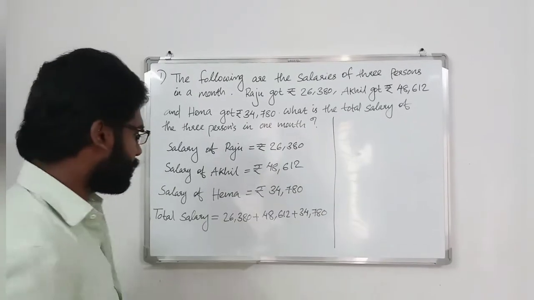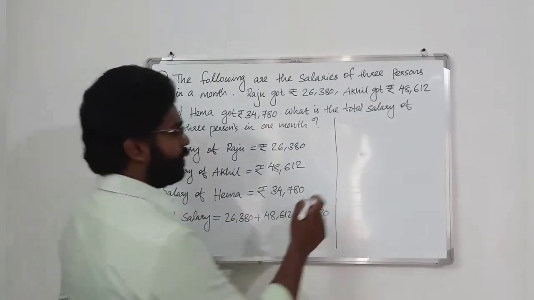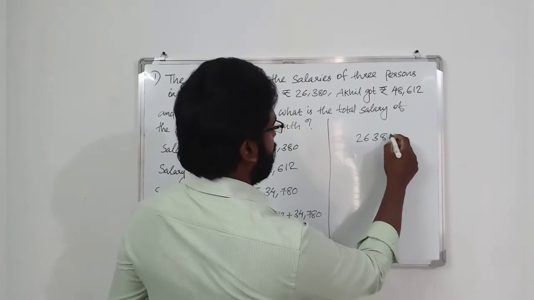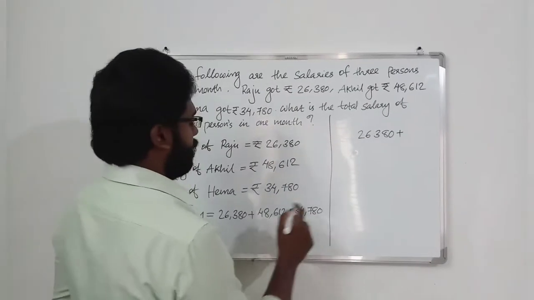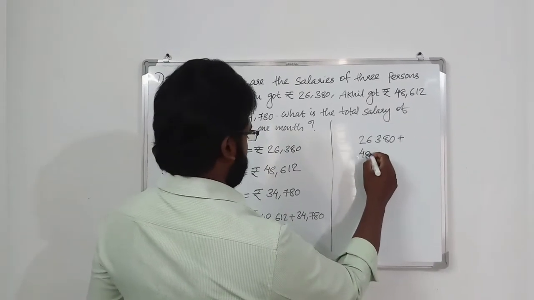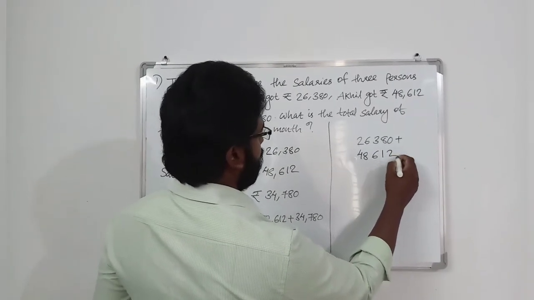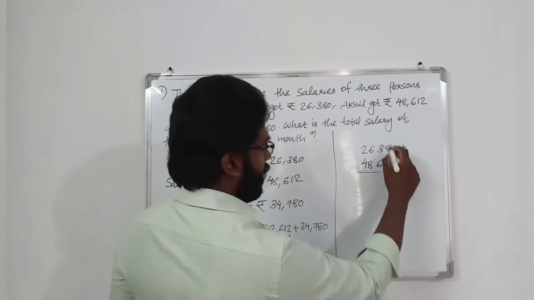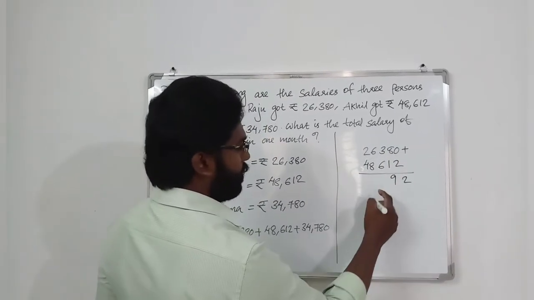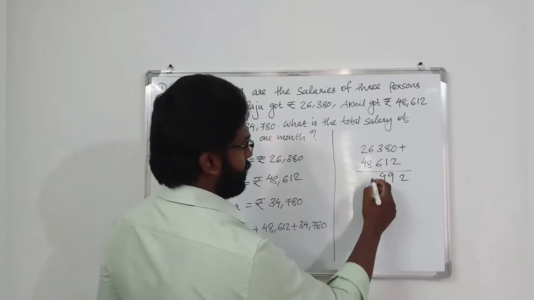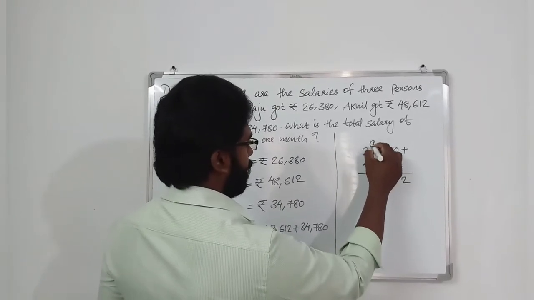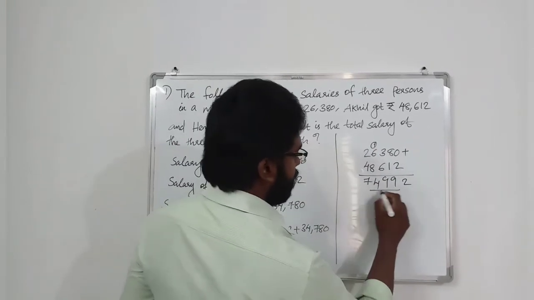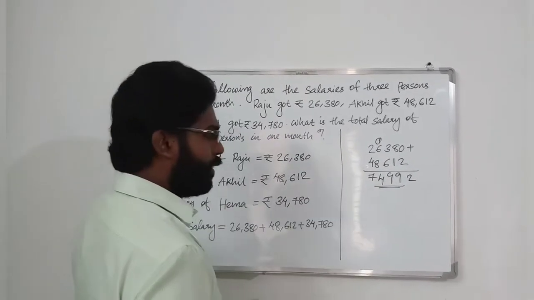First we add these 2 numbers: 26,380 plus 48,612. 0 plus 2, 2. 8 plus 1, 9. 3 plus 6, 9. 6 plus 8, 14, and remainder 1 here. 2 plus 4, 6. 6 plus 1, 7. This is our answer.